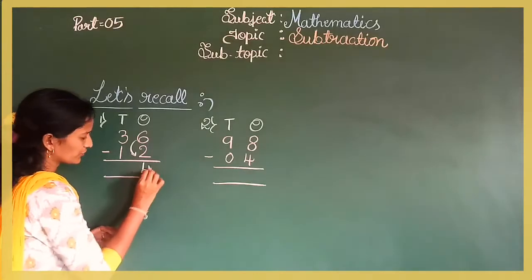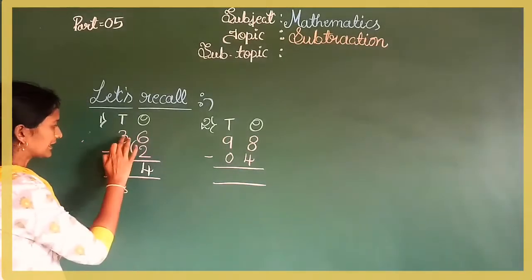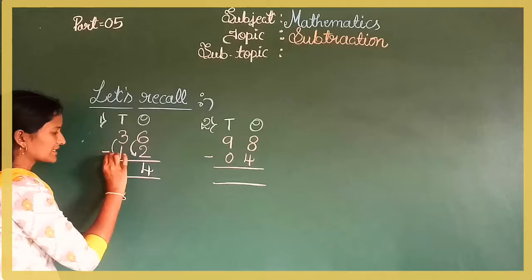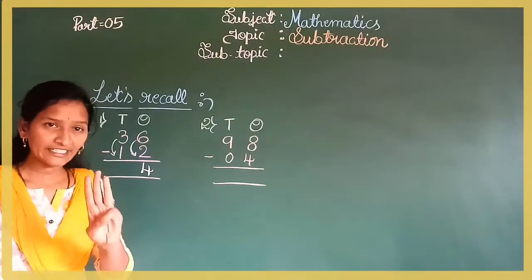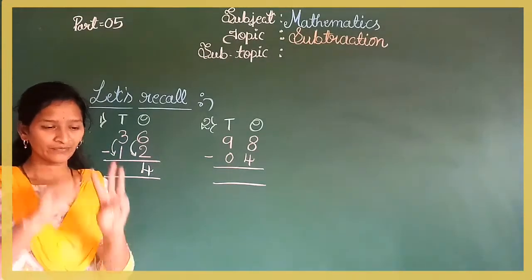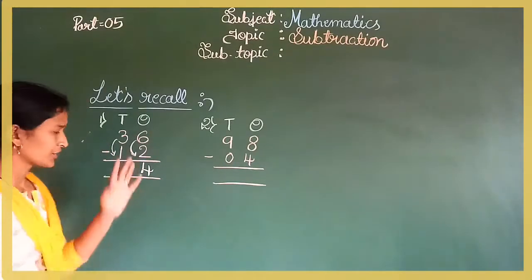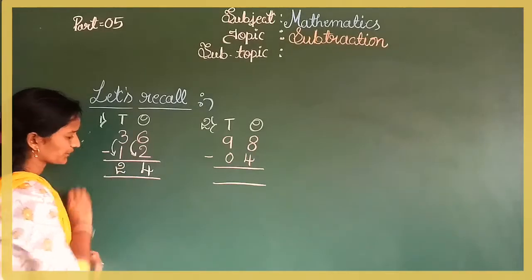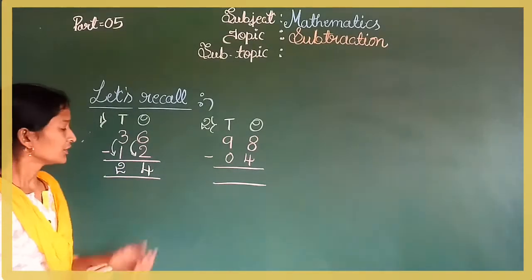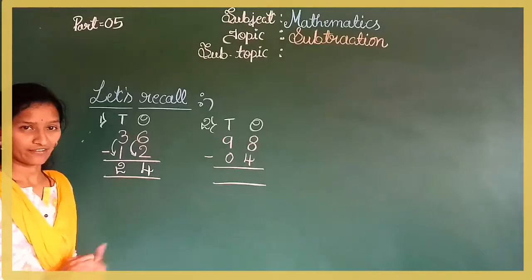So write here 4. The next, 3 minus 1. What is 3 minus 1? In 3 you have to subtract 1. How many fingers are left here? Only 2 fingers. So write here 2. So which is our difference? The 24 is our difference.